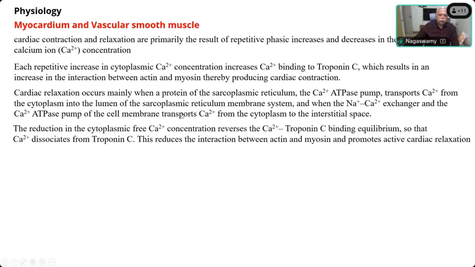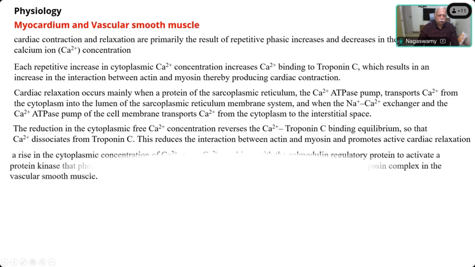The reduction in cytoplasmic free calcium concentration reverses the calcium-troponin C binding, so that the calcium dissociates from troponin C. This releases the interaction between actin and myosin and promotes cardiac relaxation. So this is the normal physiological action of calcium on the myocardial muscles.